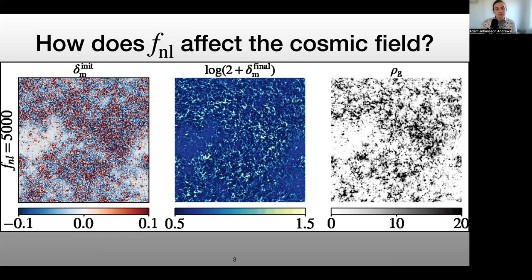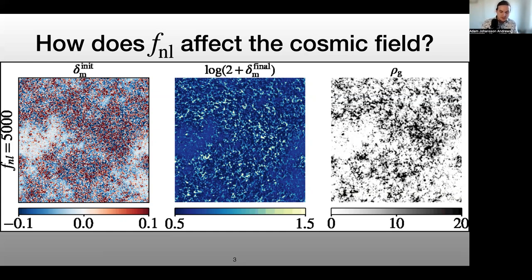The effect this has on the middle panel, the final or present-day dark matter field that we have around us in the universe, is that the underdense regions become smoothed out, while the peaks become even more sharpened and raised. The effect on the galaxy field on the right-hand side is that this introduces a scale-dependent bias effect, meaning that the galaxies leave these underdense regions and travel instead to the gravitationally overdense regions, as a direct effect of FNL.